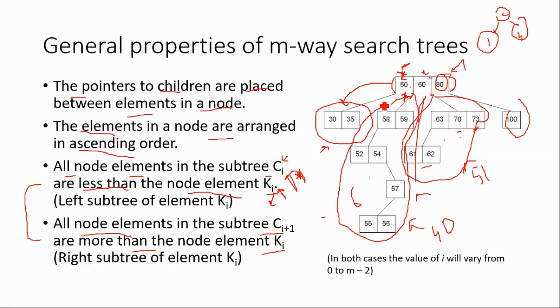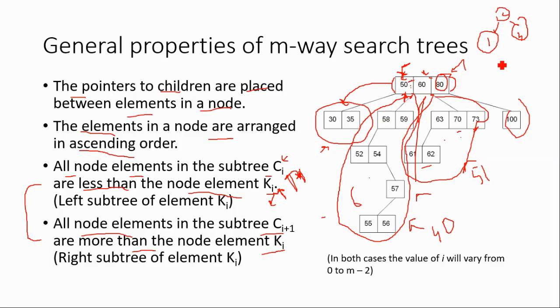The left subtree of a particular node element will have all elements lesser than that node element, and all elements in the subtree referred to the right of that element will be greater than this element.